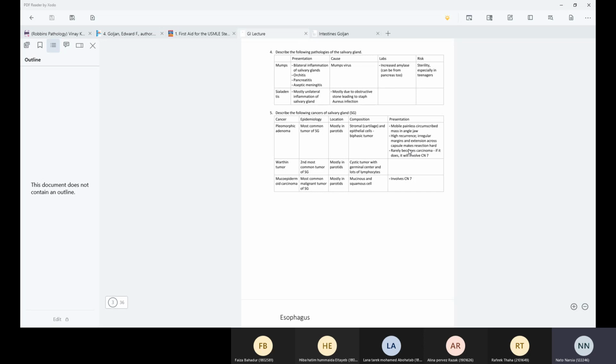Okay, it grows forming germinal centers, and you will find a lot of lymphocytes. So how would we describe this Warthin tumor? It will be described as uniform cells, high cellularity, and uniform appearance you will find, okay?